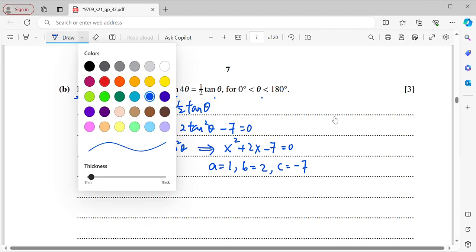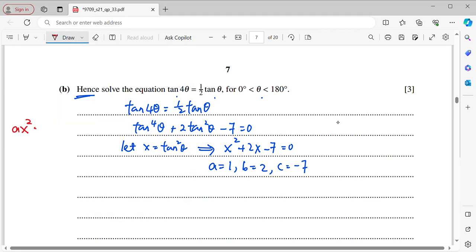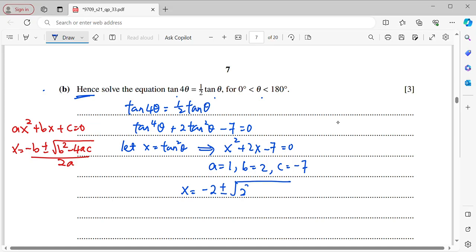And now for your information, if you are solving the quadratic equation using the quadratic formula, the formula is going to be x equals to minus b plus minus square root of b squared minus 4ac over 2a. So then from here, I will write my x is minus 2 because the b is 2, plus minus square root of 2 squared minus 4 times 1 times minus 7, over 2 times 1.